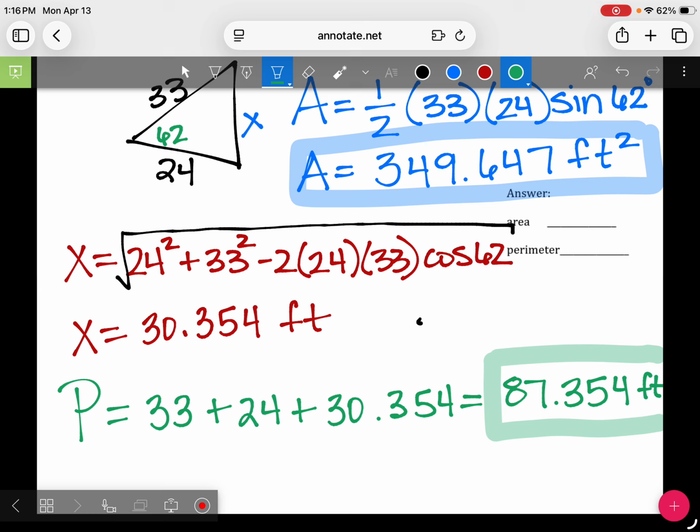You just type the whole thing in the calculator under a square root. You don't have to break it apart unless you're trying to find the angle.